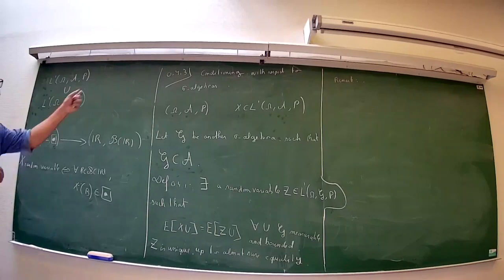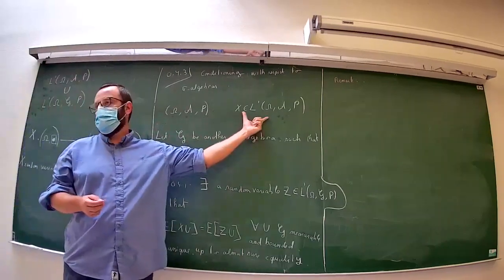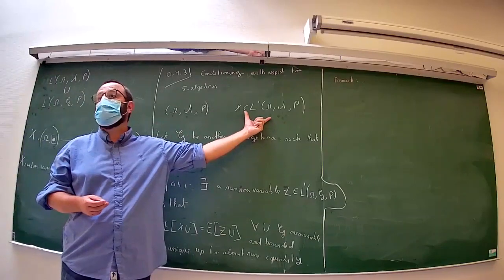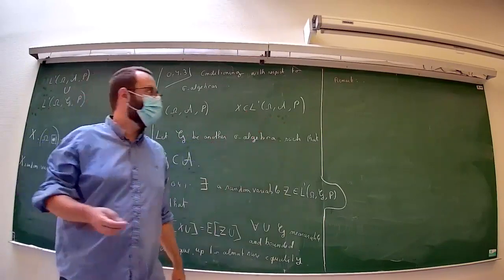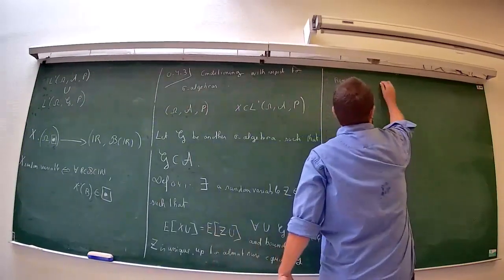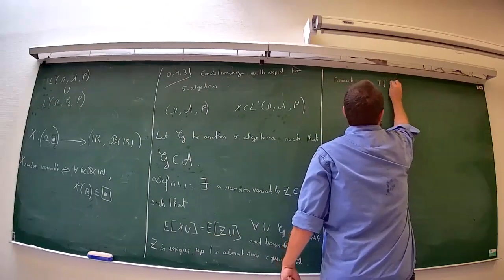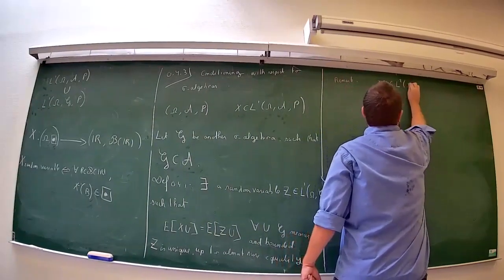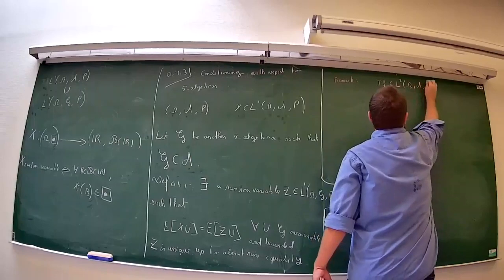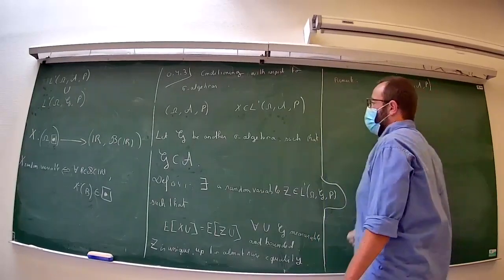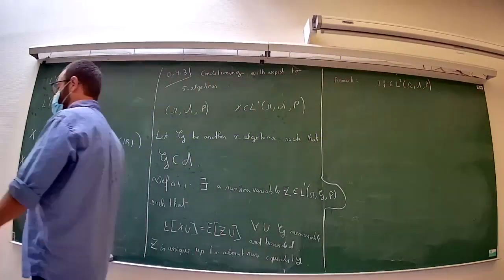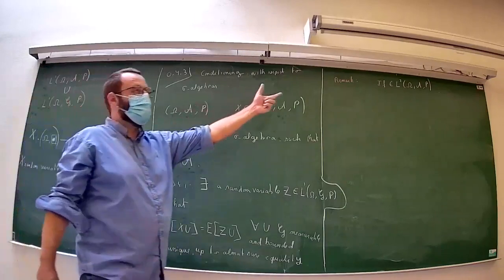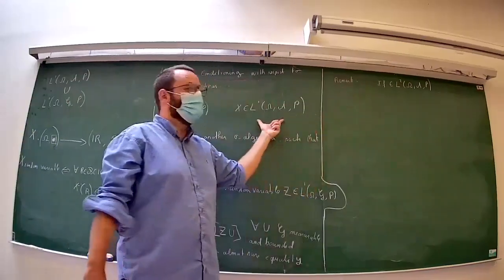So suppose that you don't start with X in L1, but with X in L2. So the expectation of the square is finite, rather than the expectation of the absolute value.